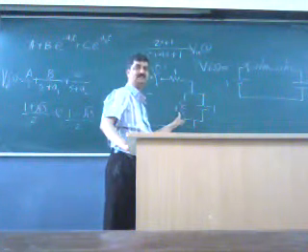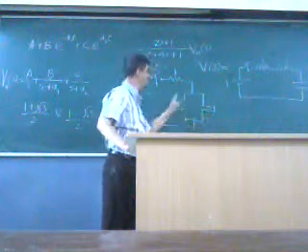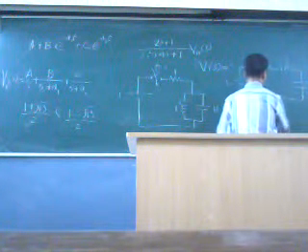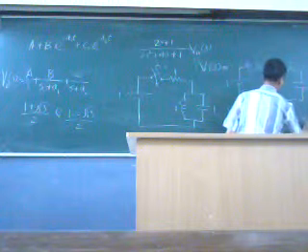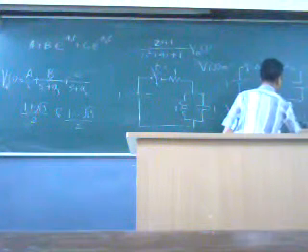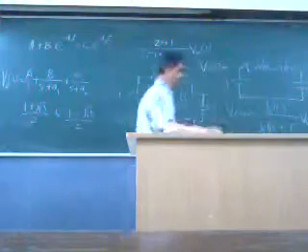1 upon S parallel S into this plus 1. So VOS is equal to 1 upon S parallel S upon 1 upon S parallel S plus 1 into VNS. That is very easily simplified.